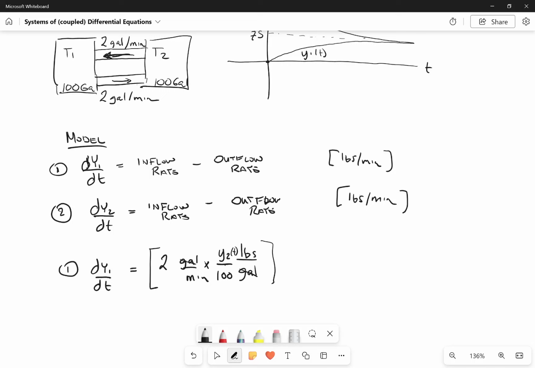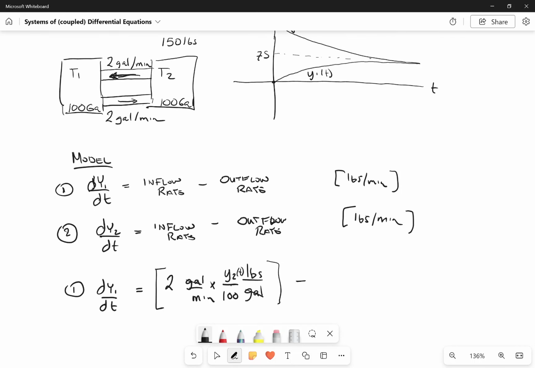What's the outflow rate? The outflow rate out of tank 1 into tank 2. All right, we've got 2 gallons per minute. Now we have to do the same thing. We need something that will cancel the gallons and have pounds at the top. Well, how many gallons do we have in tank 1?